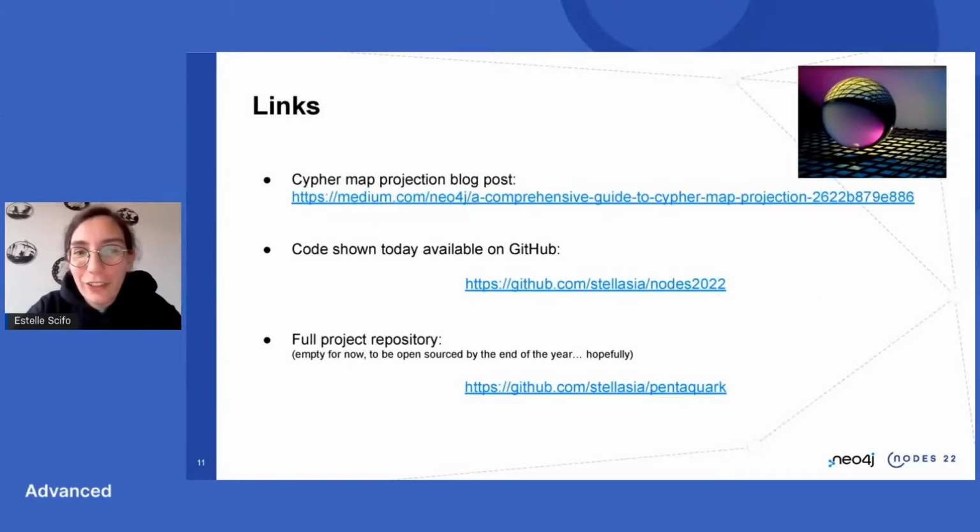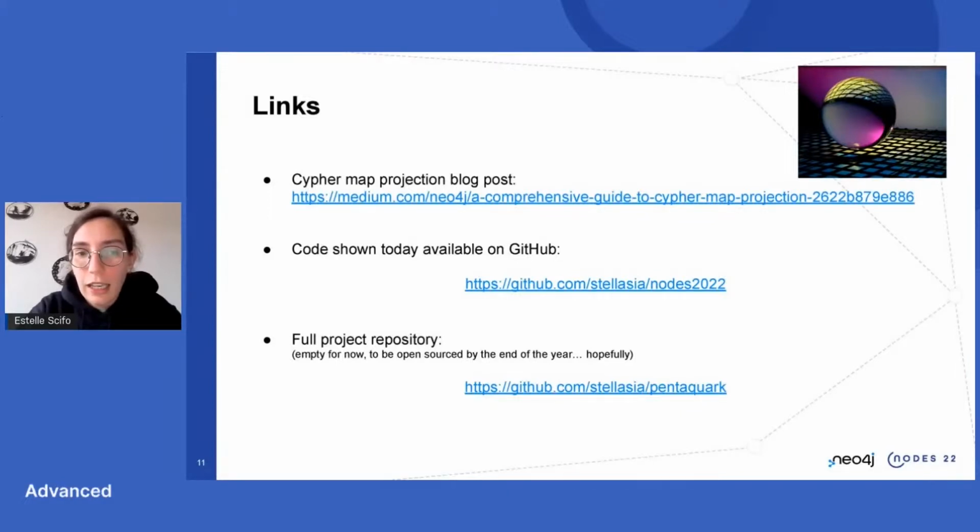So that's it for this talk. I put here some links. First is a Cypher map projection blog post I wrote explaining how this works. Again, this is the code that you have quickly seen today, that you can go through and run.